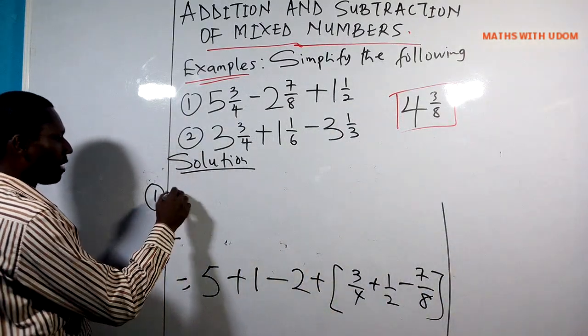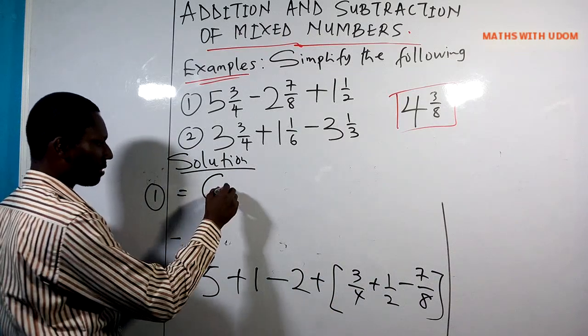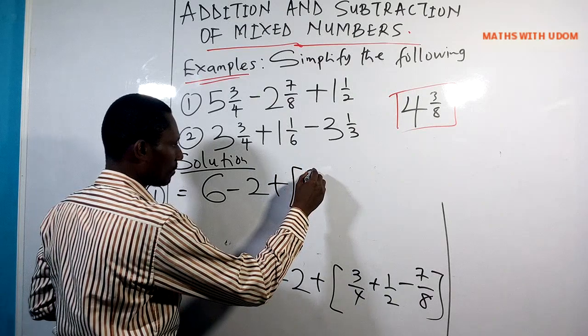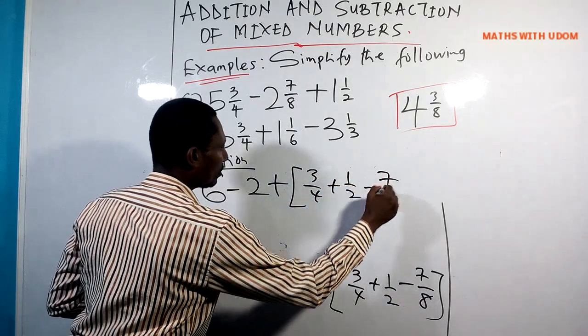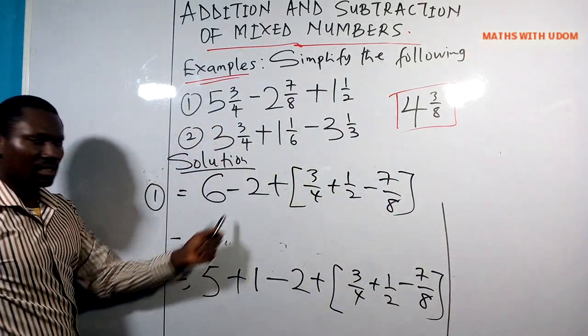Okay, so we have 5 plus 1 is 6, minus 2, plus 3 over 4 plus 1 over 2 minus 7 over 8.